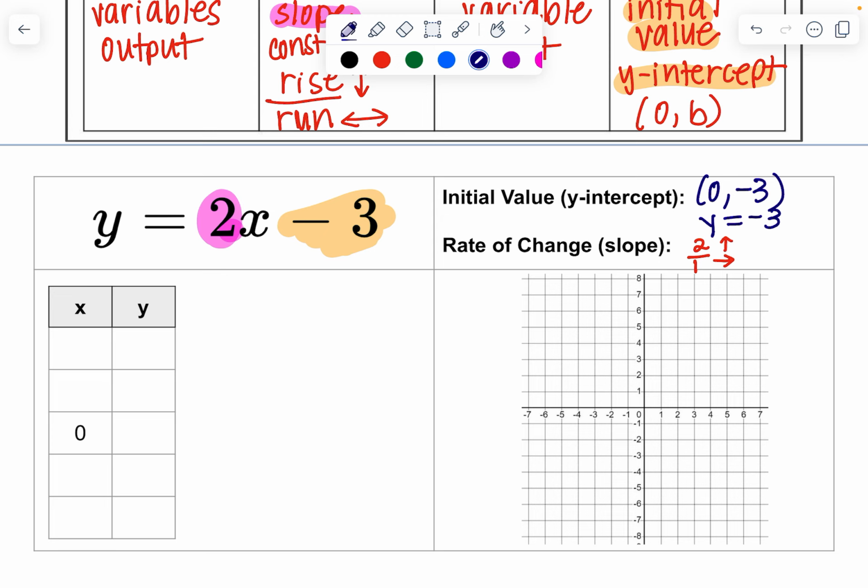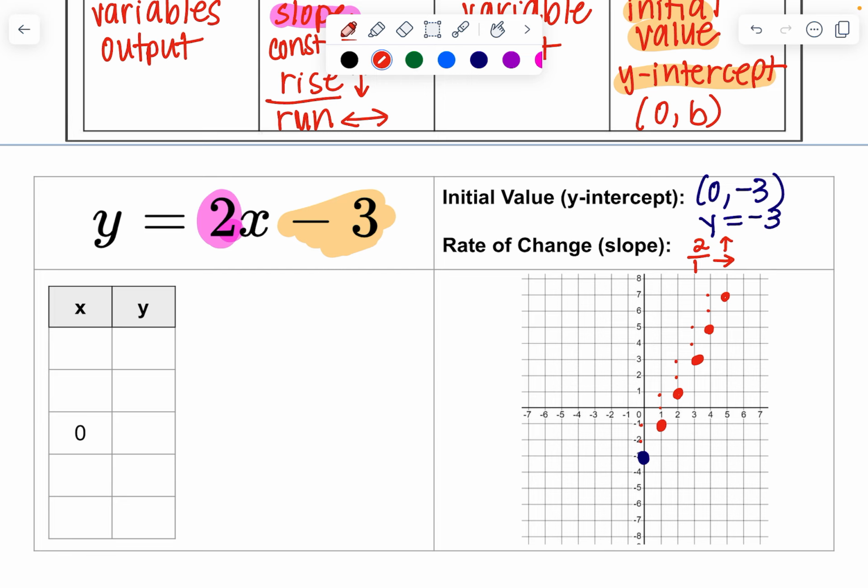I can go to the y-axis at -3. That's right here, and put a dot. And then I can use my slope to start to plot some points on the graph. Since my slope is 2, from this point, I go up 2 and right 1. Put a dot there. And continue. Up 2, right 1. Up 2, right 1. Up 2, right 1, just based on following that pattern. And I have part of my line.